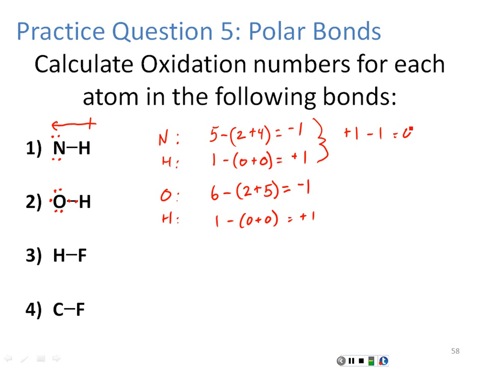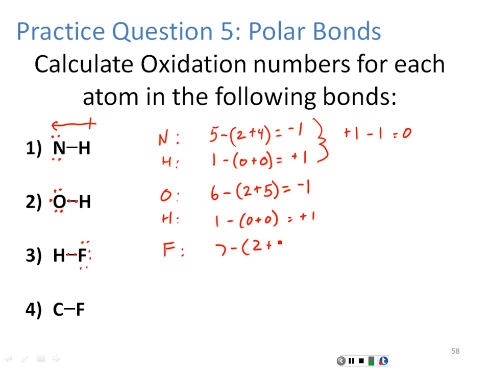Now let's look at HF. So fluorine will have 7 valence electrons. It's going to get both shared electrons because it's the most electronegative in the pair.